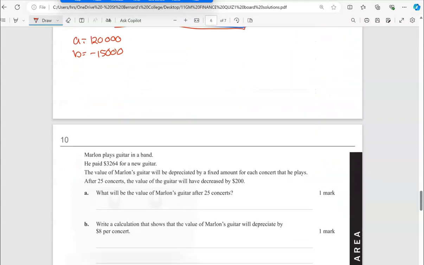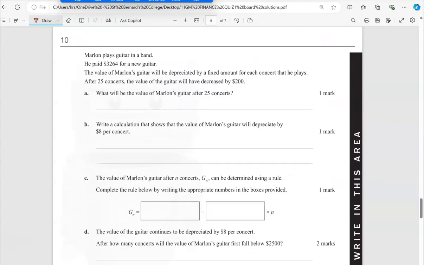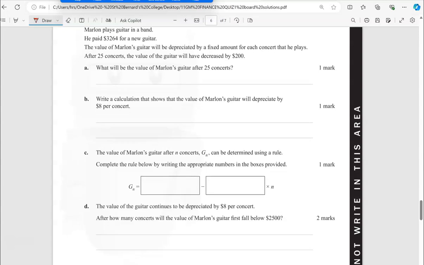Okay, the last one. Marion plays guitar. He paid 3,200 for a new guitar. The value of the guitar depreciates at a fixed amount for each concert. So that's sort of like a unit cost, isn't it? Because it's per every concert. So the use is a concert. So after 25 concerts, the value will have decreased by 200.